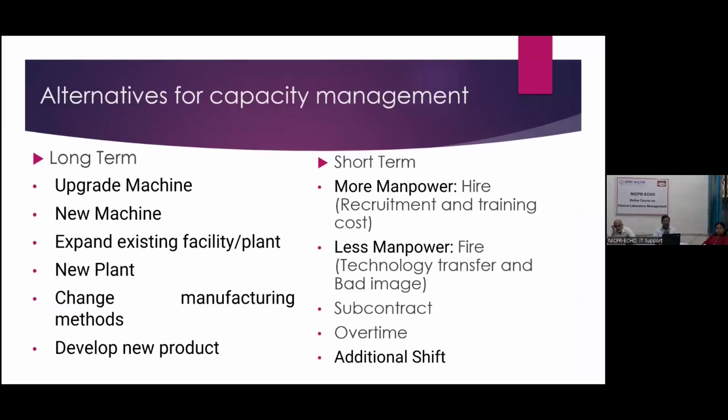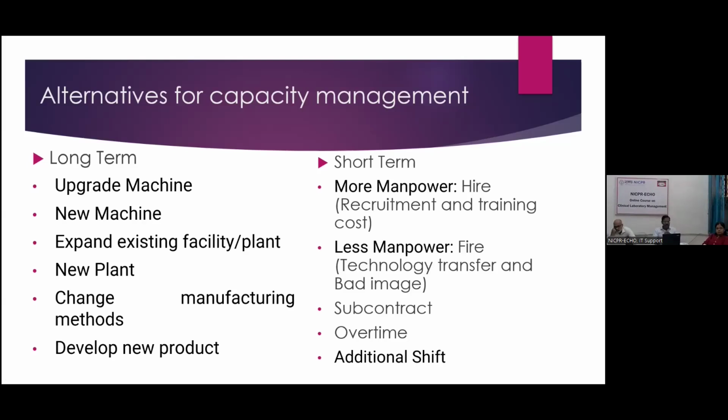So these are various alternatives which are available to manage the capacity. These are to increase or decrease the capacity depending on the demand. So these can be divided into long-term as well as short-term. In long-term strategy, we can upgrade our machine or we can purchase a new machine. We can expand our existing plant or facility, or we can create a new plant in a manufacturing industry.